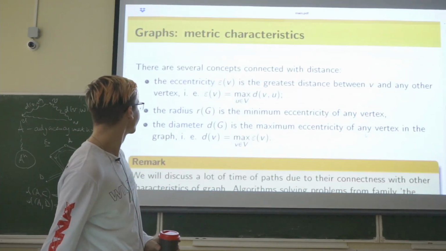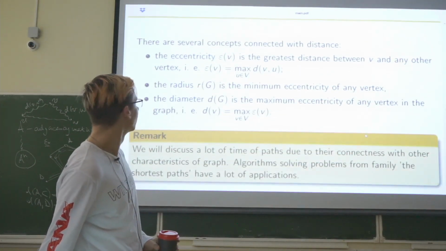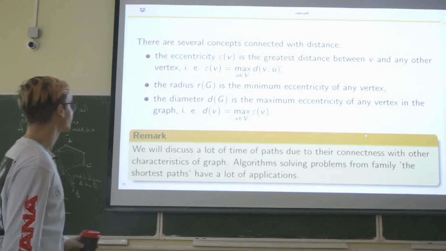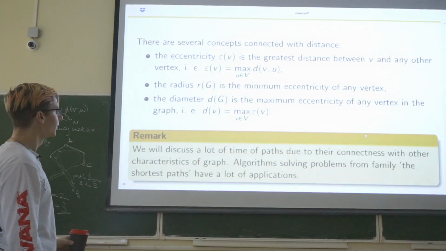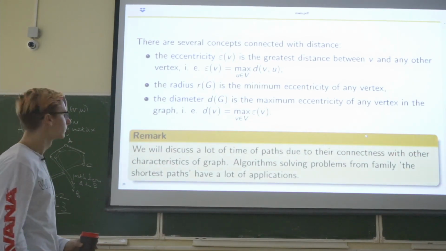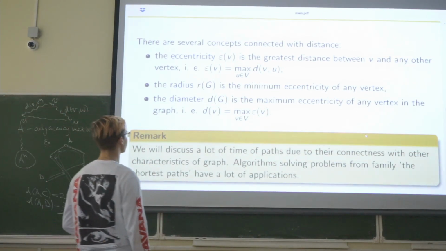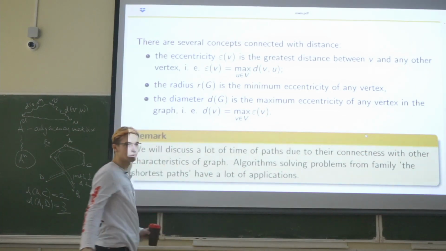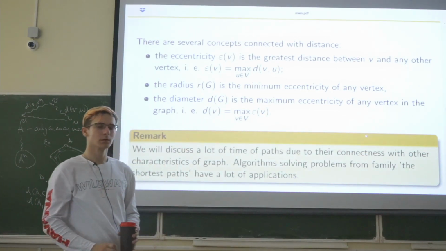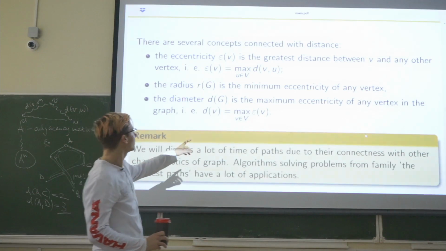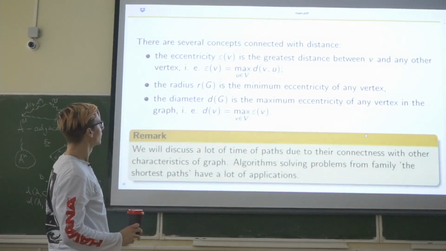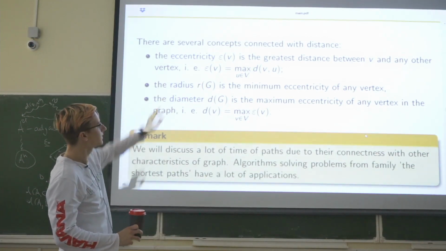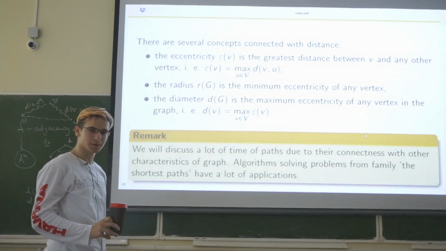So there are metric characteristics connected with distance. We need to understand only one of these characteristics. It's the last, diameter. Yeah. If we see it, maximum of eccentricity, and eccentricity of a vertex is the maximal distance to other vertices, okay?